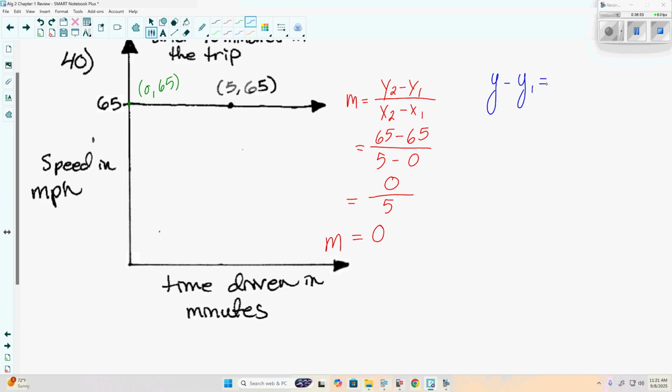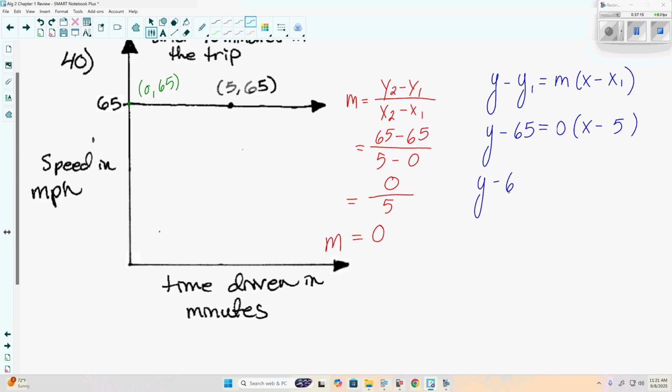Now we can still have an equation of a line. We will plug 0 in for slope. I'll pick the point 5, 65. So we'll plug 65 in for the y value because that is the y value of the point, 5 for x.